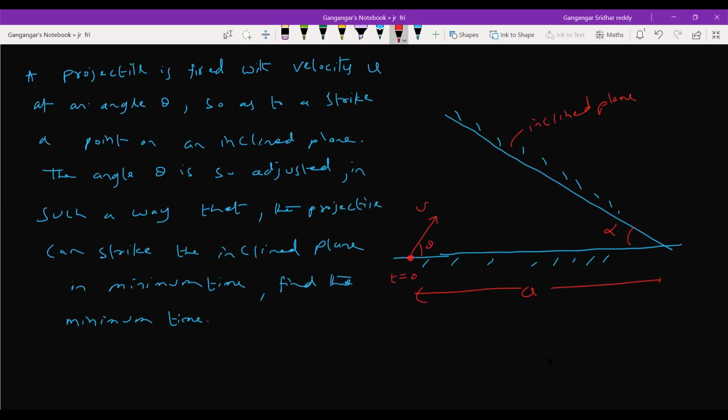It is projected at a distance a from one end of the inclined plane. So how is the value of theta so adjusted that it will strike the inclined plane in minimum time? Okay, what all is given? u, theta, alpha, and the distance c. Okay, read the question and try to get the trajectory first and see what you can do after this.